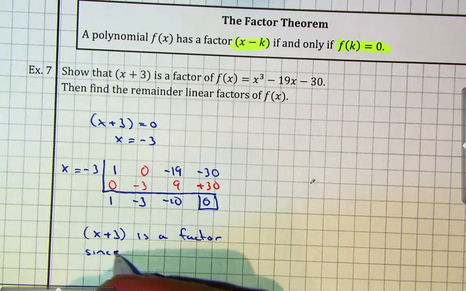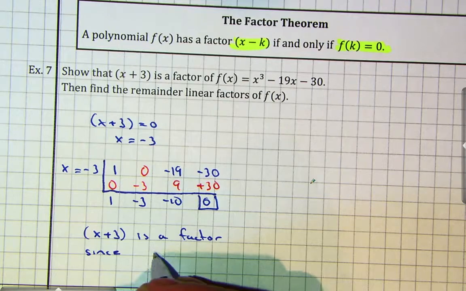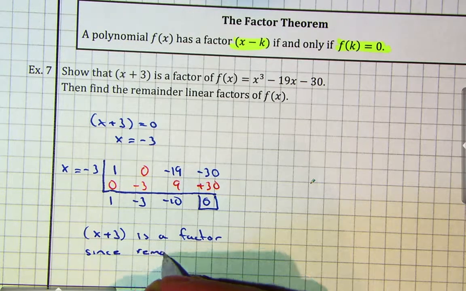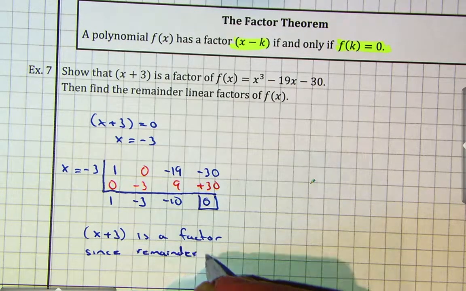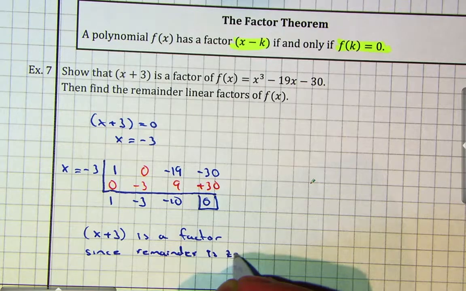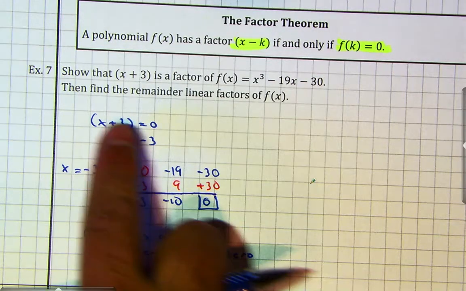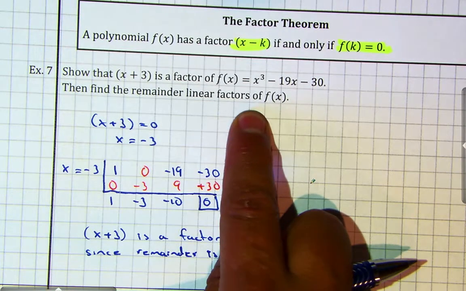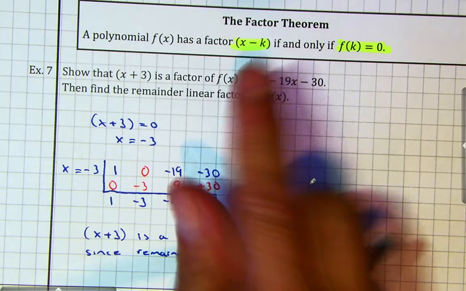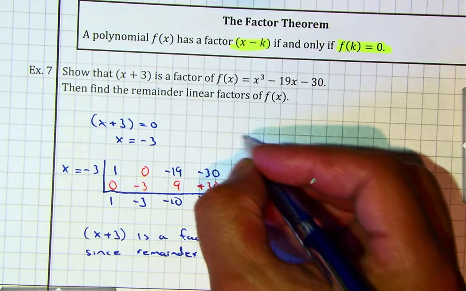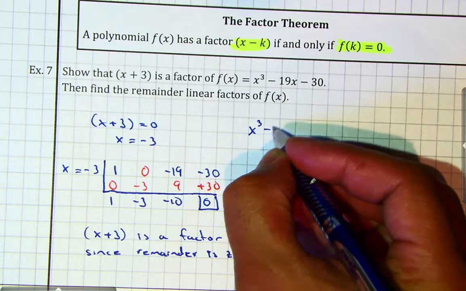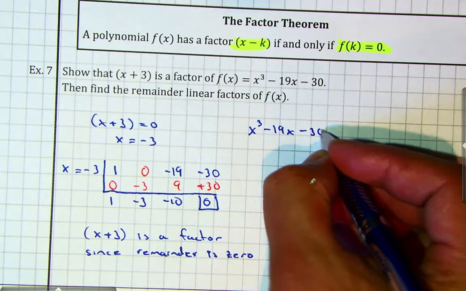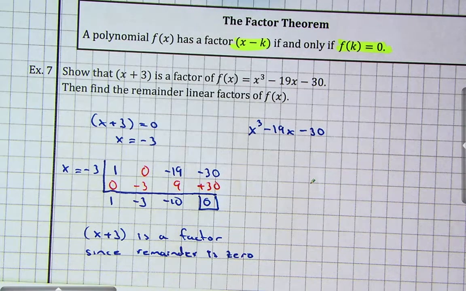Since the remainder is 0, now it's asking us to find the remaining linear factors. So we are going to write down the function as x to the third minus 19x minus 30. We are going to use the other notation that we talked about in here.